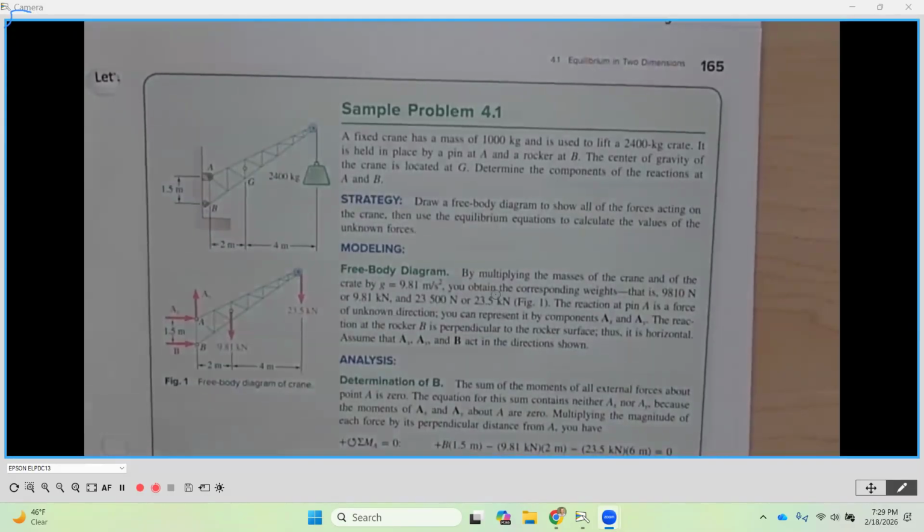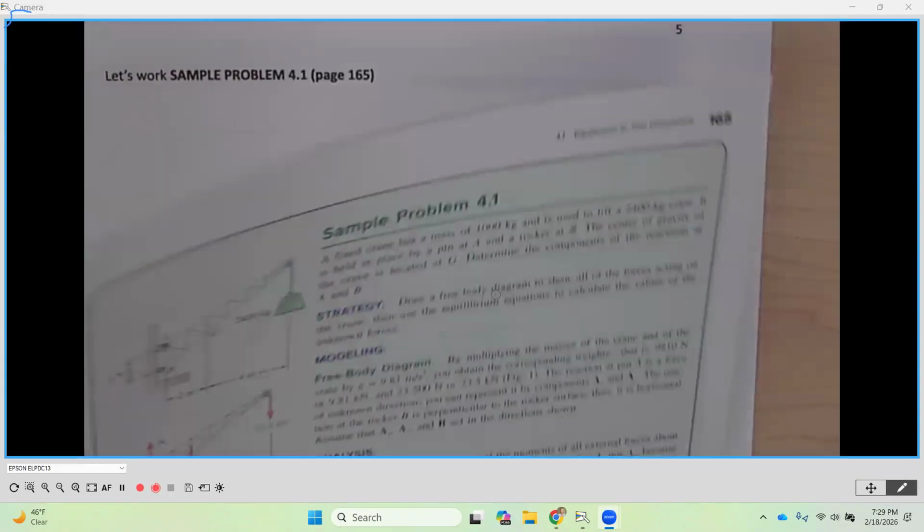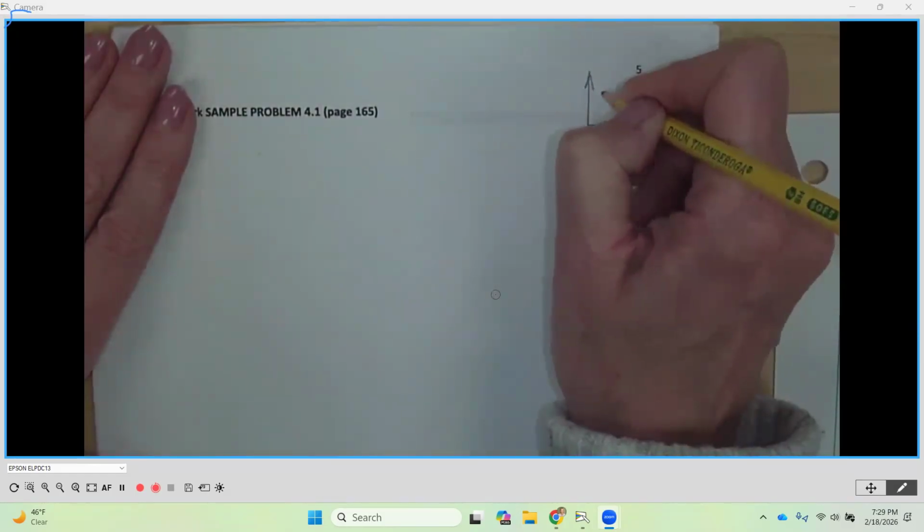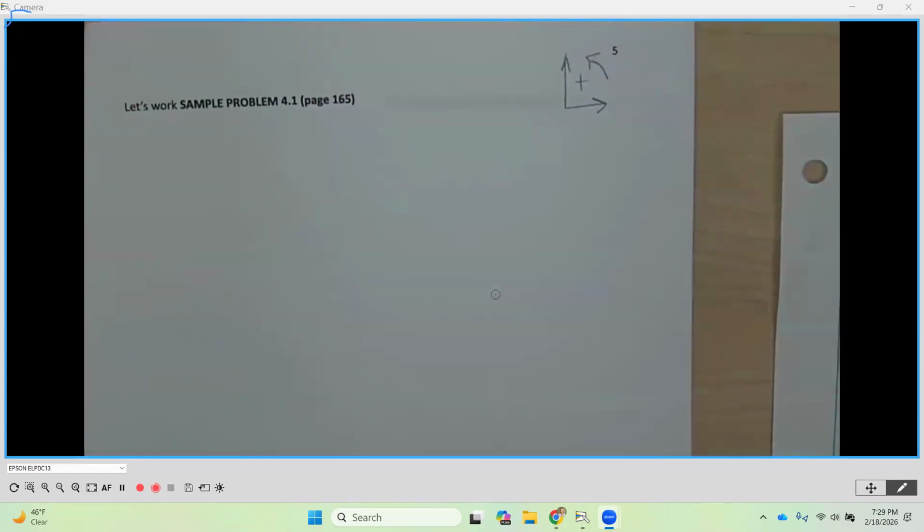So this is what we got. Free body diagram and convention first. Convention up here. Now, simplified free body diagram, how we're going to draw this.